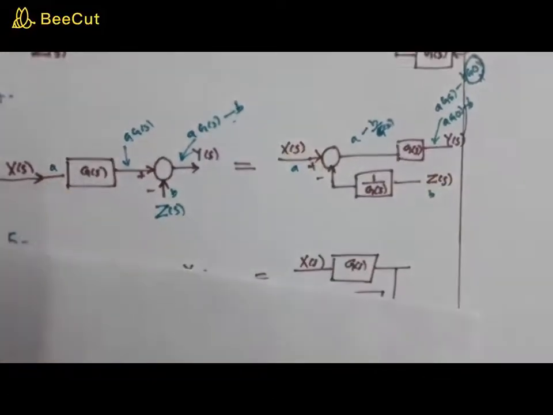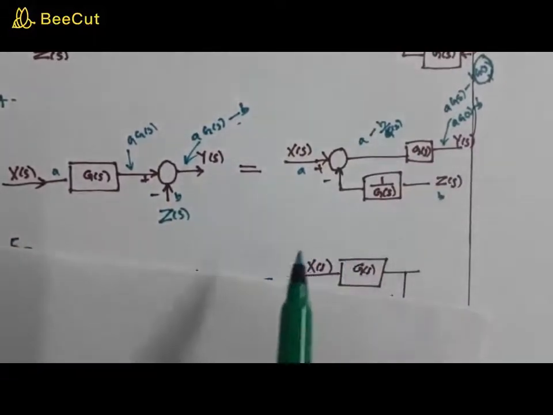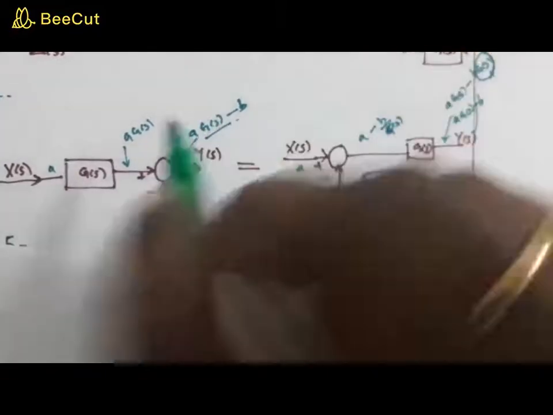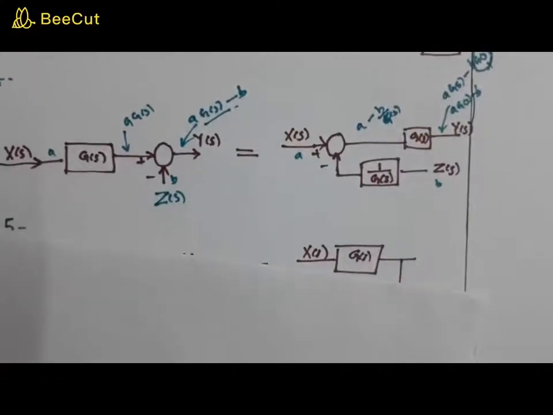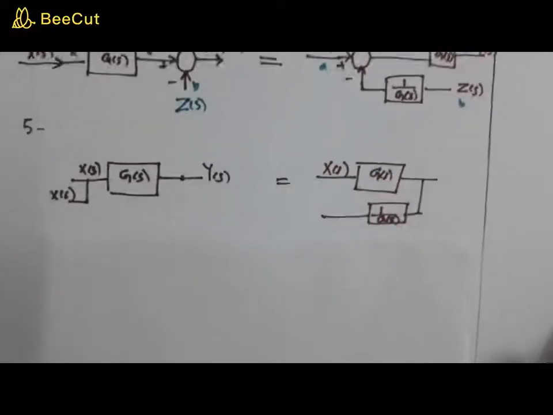So this is the way. You need to make appropriate changes in each branch. Keep this in mind: the output should not be altered even if you make changes. Now what is the objective of changing? The objective is to convert a complex block diagram into its canonical form. So what will you call this scenario?